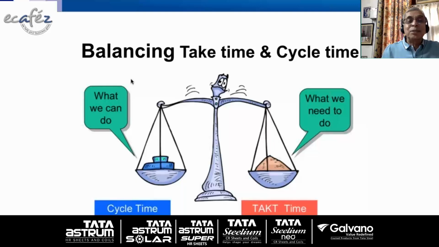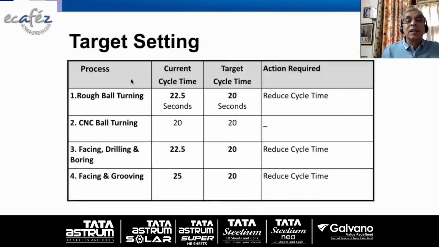Once this becomes equal, then only you will be able to produce and deliver competitively to the customers. Based on that, new targets were set for all these 4 critical processes. The earlier cycle time was 22.5, 22.5, 25. For all the processes, they now need to have a cycle time of 20 seconds. This was the target set.